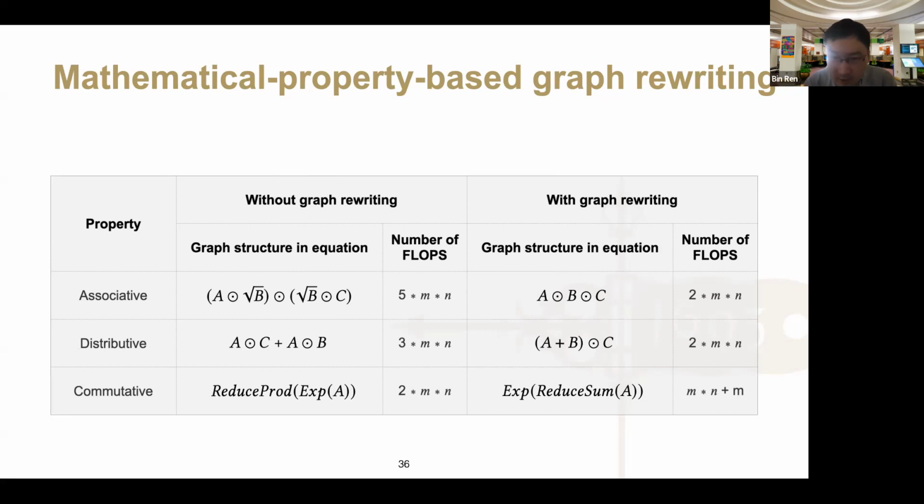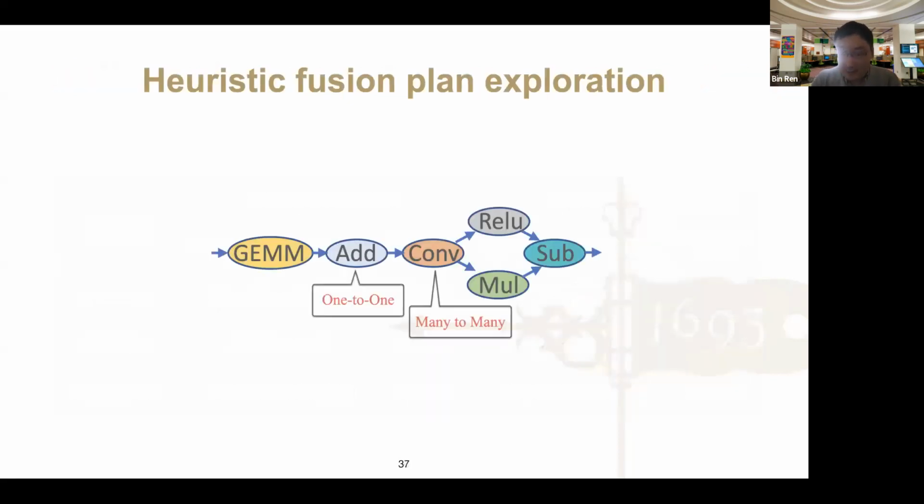It's almost impossible. In order to reduce the cost, we partition the computational graph by the operators which do not have any of these properties, and then we can match these graph rewriting rules within each sub-computational graph. This can significantly reduce the cost. So this is the first technique.